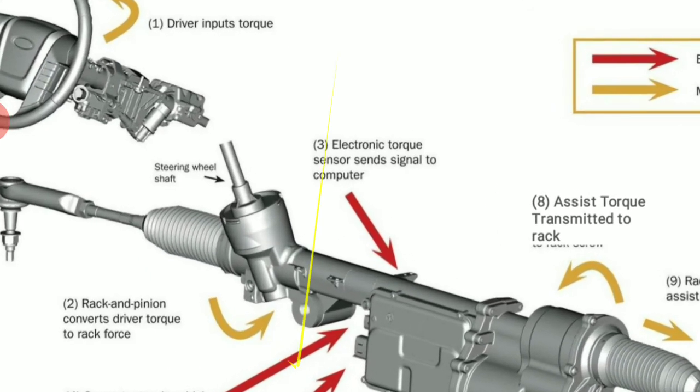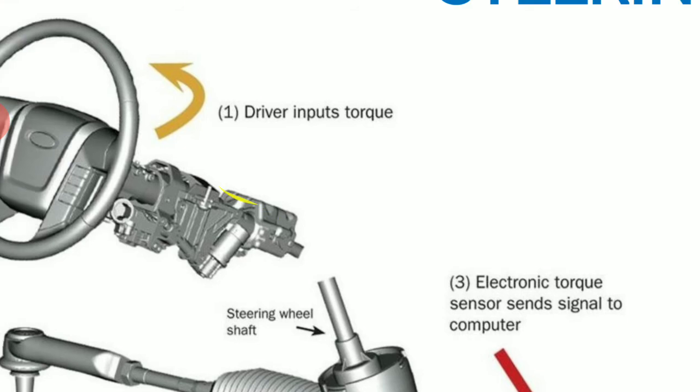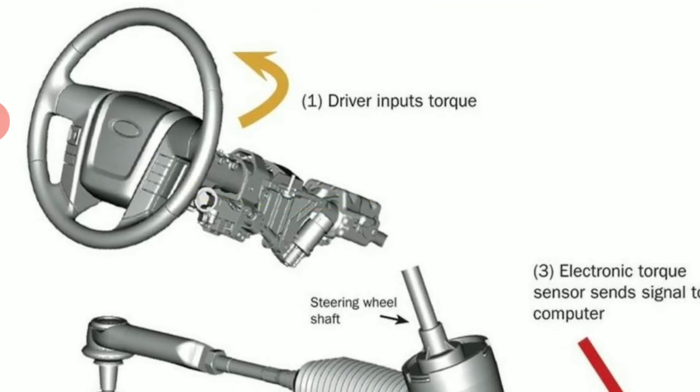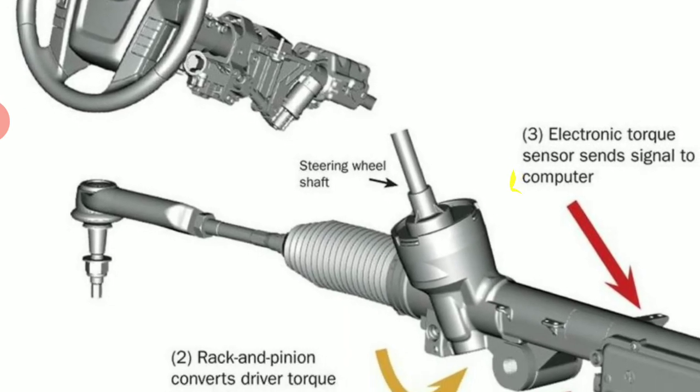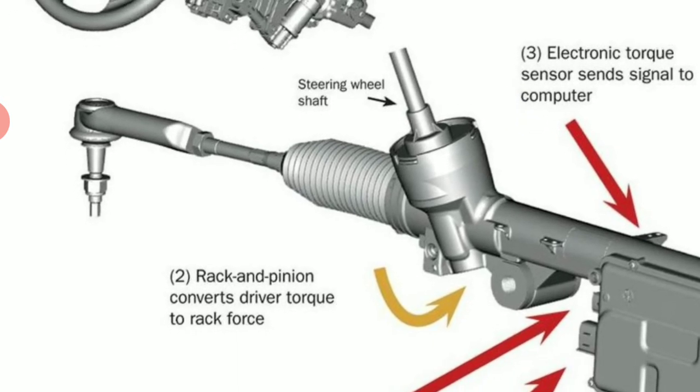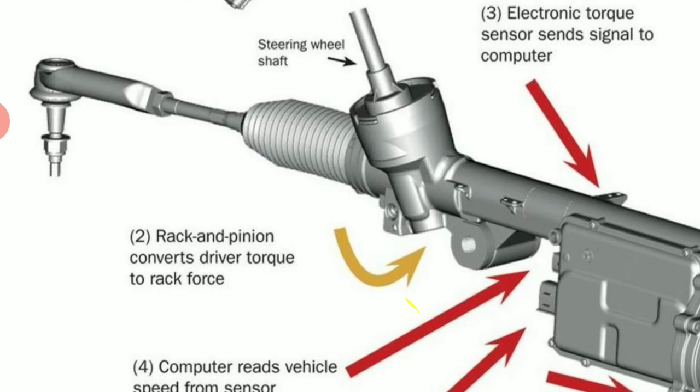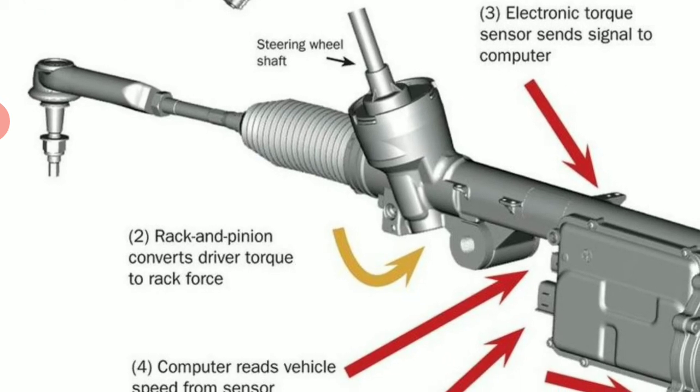First, when the driver rotates the steering, he is inputting the torque. This is called the steering wheel shaft. When the steering wheel or column is rotated, it will actuate. I told you the brown color indicates mechanical energy and the red indicates electrical energy.